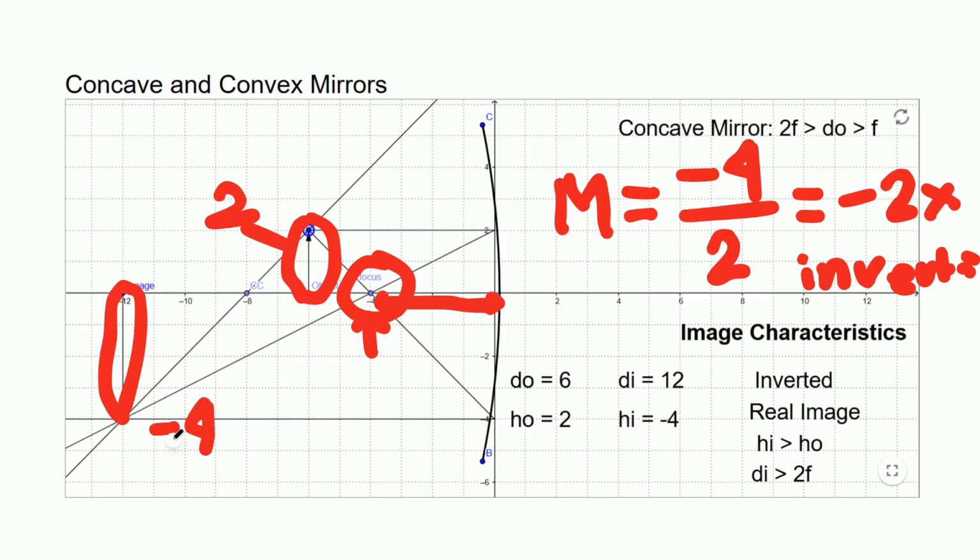So this negative 4 is negative 2 times larger than this object height. Doesn't it make sense? 2 times negative 2 is equal to negative 4. So the image height is twice as big.